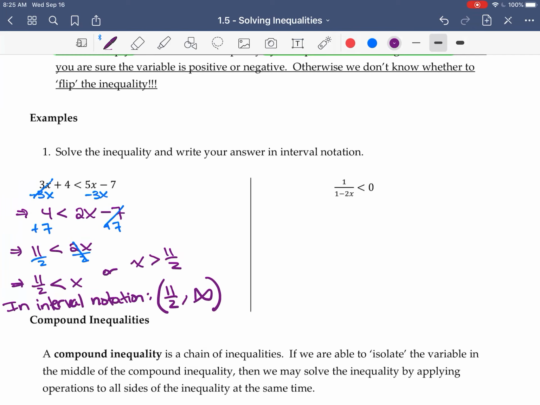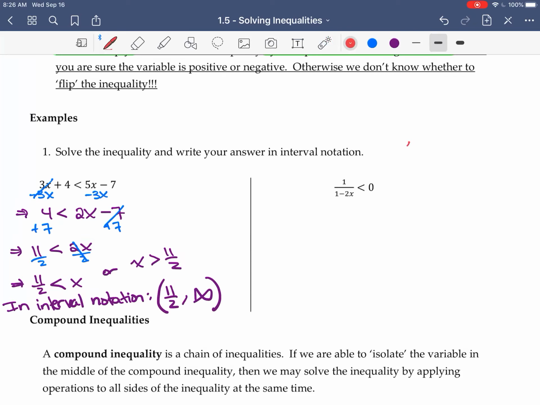Now let's try this one. 1 over 1 minus 2x is less than 0. So it's 0 on the right-hand side, so I want to know basically where this number is negative.